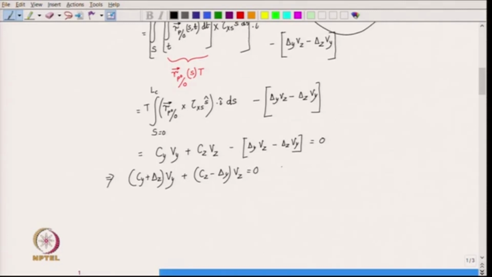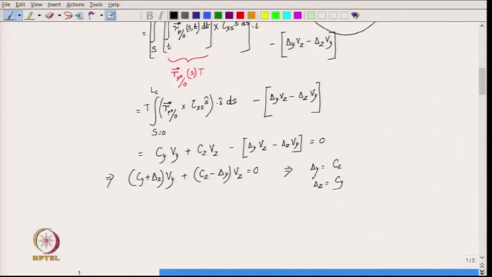Okay. So, this finally implies that delta y is C z and delta z is C y.